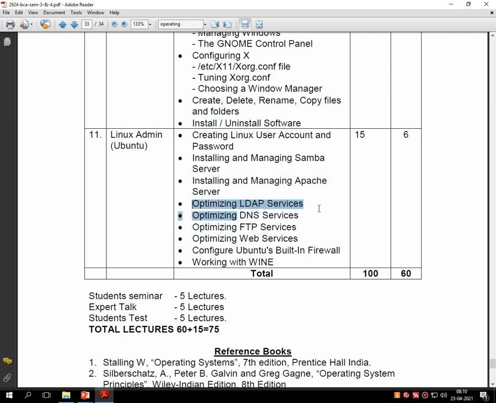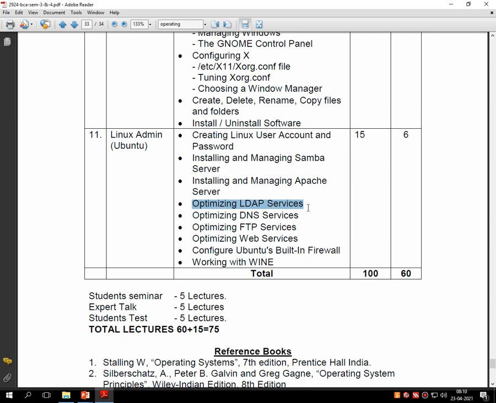Then the next one is LDAP, that is Lightweight Directory Access Protocol, one of the special protocols provided in the Ubuntu operating system. Then Domain Name Server, called DNS. Then how can we optimize FTP, that is optimizing FTP services, where FTP stands for File Transfer Protocol, and various other web services.